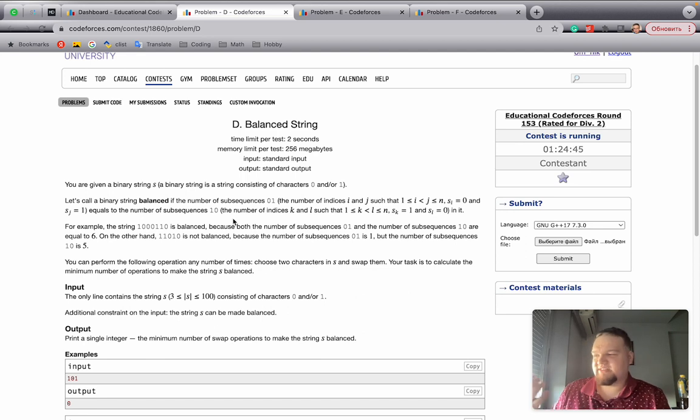I know that the number of zeros and the number of ones cannot change if I only do swaps, and if I have some zeros that I need to change to ones, I will have the same number of ones that I need to change to zeros, and so I can match them and do this many swaps. So I'm storing number of zeros, number of ones, balance.